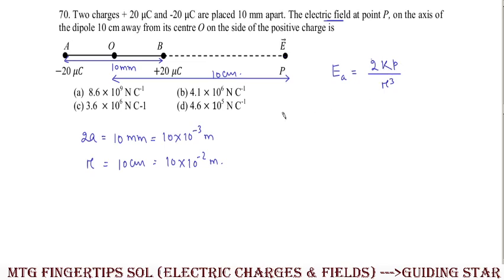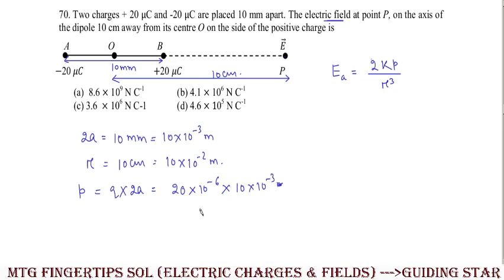So in this particular case, what is the dipole moment? We know the dipole moment p is equal to q into 2a. q is either of the charges; you can take the magnitude of either charge. That means 20 microcoulomb, that is 20 into 10 to the power minus 6 coulomb, into 2a. 2a is already given as 10 mm, so we can directly write 10 into 10 to the power minus 3.